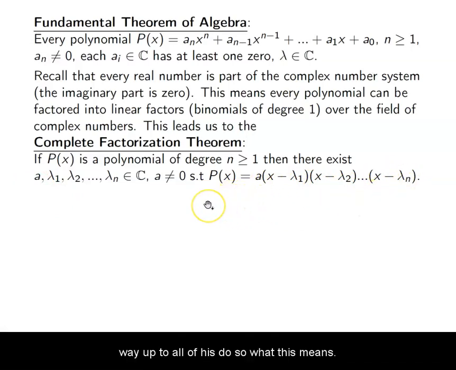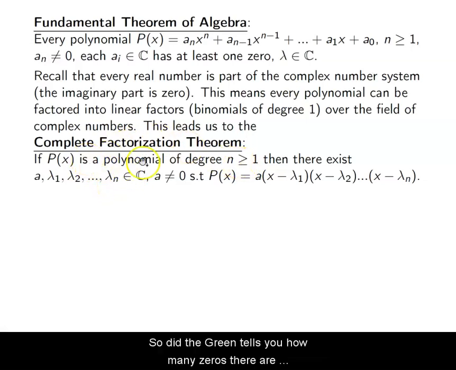So what this means, okay, is that a polynomial of degree n will have n factors, okay? So the degree tells you how many zeros there are, right? So far, this hasn't always been true. So far, we might have a 5th degree polynomial, and then we only have 4 zeros, right?